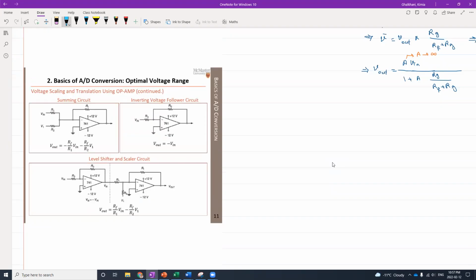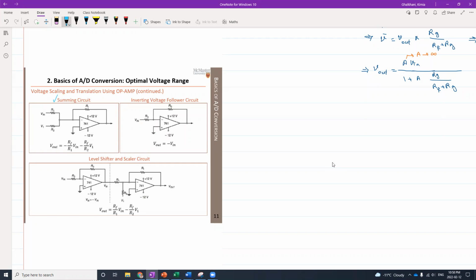Now, using what I explained, you can find the V out for other typical op-amp circuits, such as a summing circuit, like what you are seeing in here, in which multiple inputs are connected to the inverting input terminal of the op-amp, and the non-inverting input terminal is connected in this case to the ground, right?